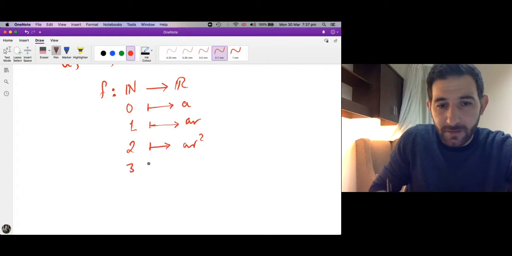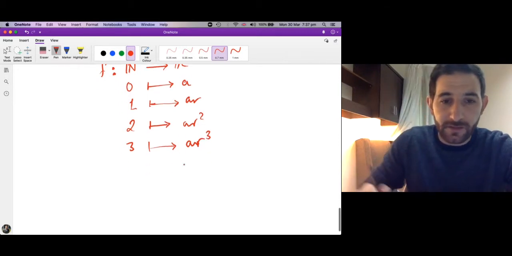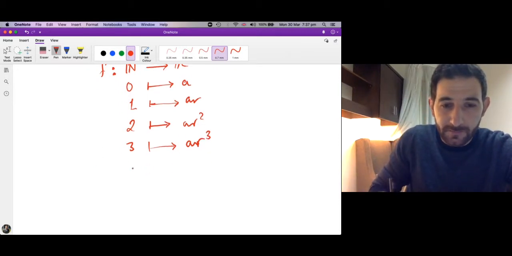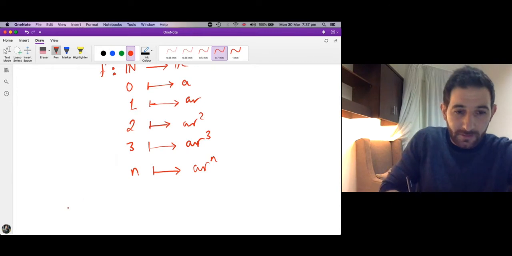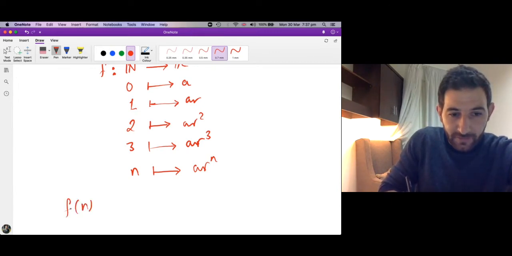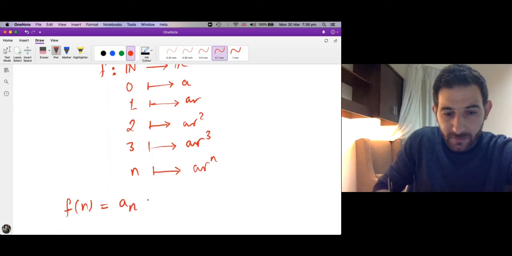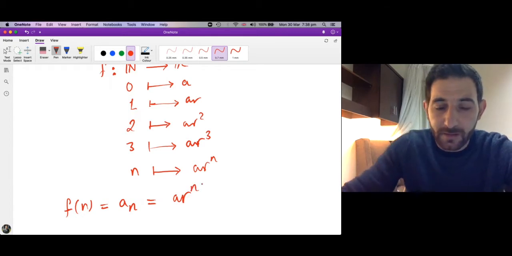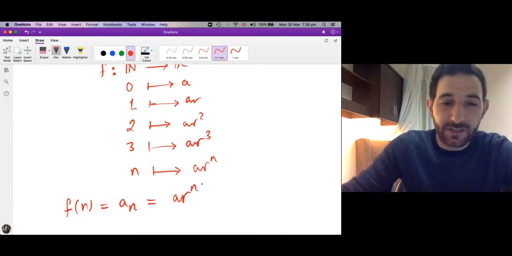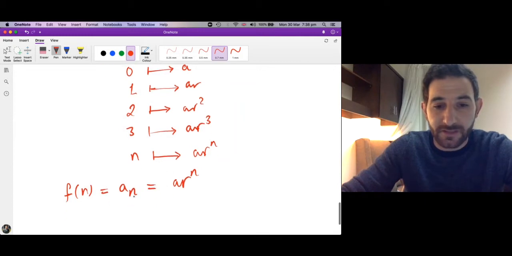The image of 3, again we multiply by R, so we get AR cubed, and so on. So in general, f of n is AR to the n. This is the nth term of the sequence, and the nth term is A times R to the power n. So this is the general formula for the nth term of the sequence.